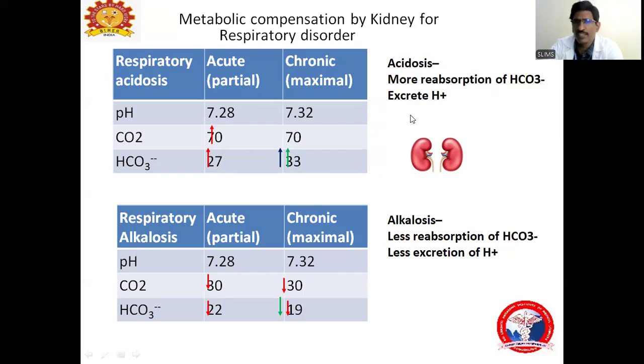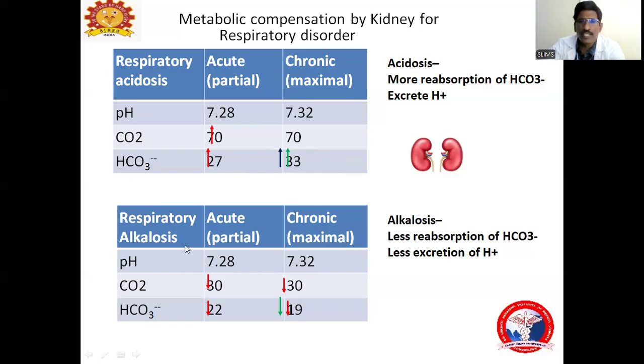So in both ways the kidney can compensate. When it reabsorbs more bicarbonate, the bicarbonate level will be high. So look at the 27 here, 33 here. By increasing the bicarbonate to 33, pH is brought to normal.